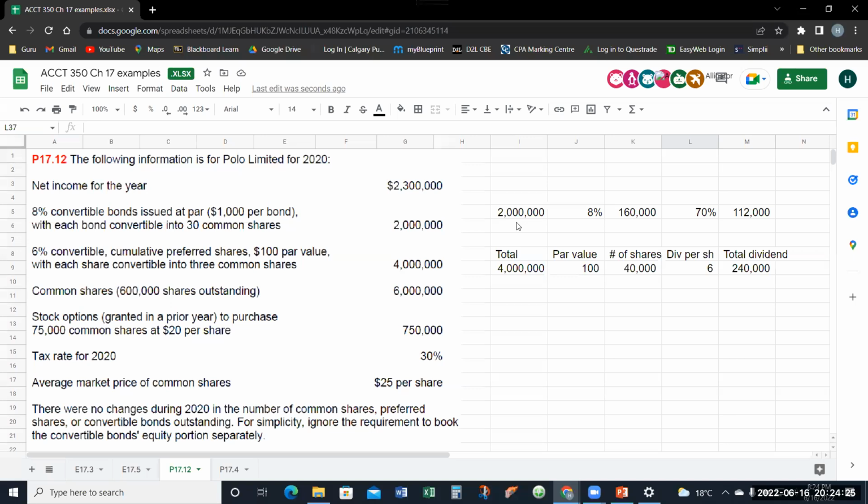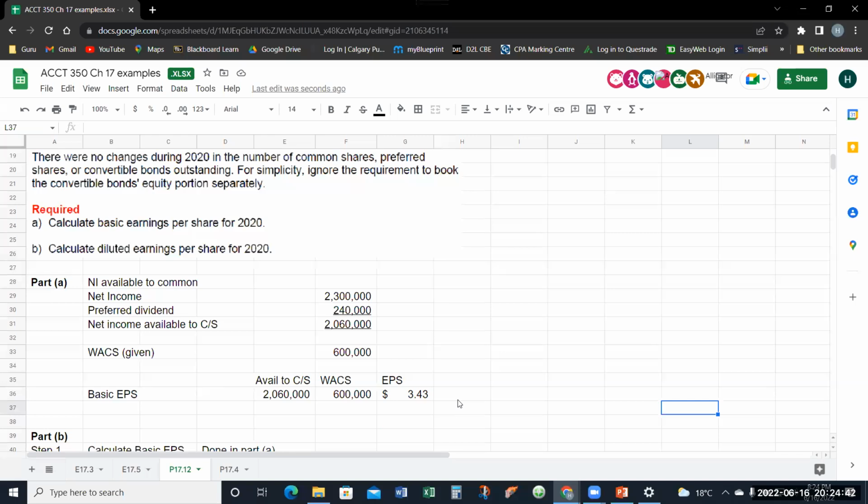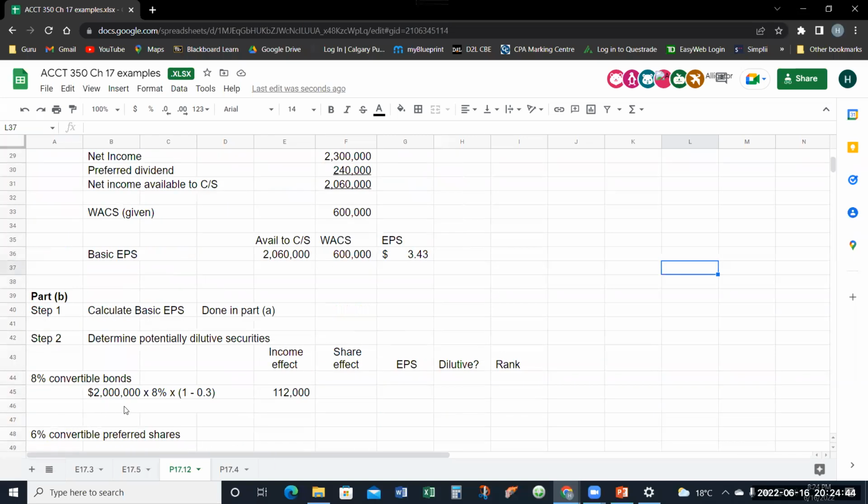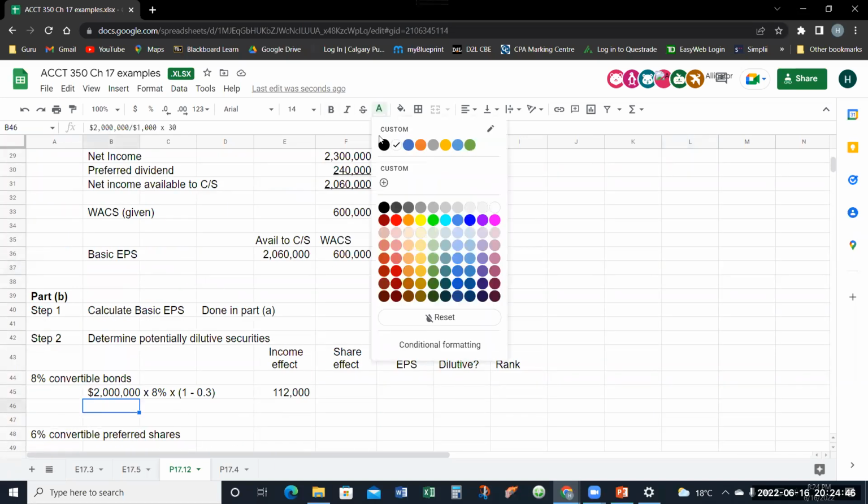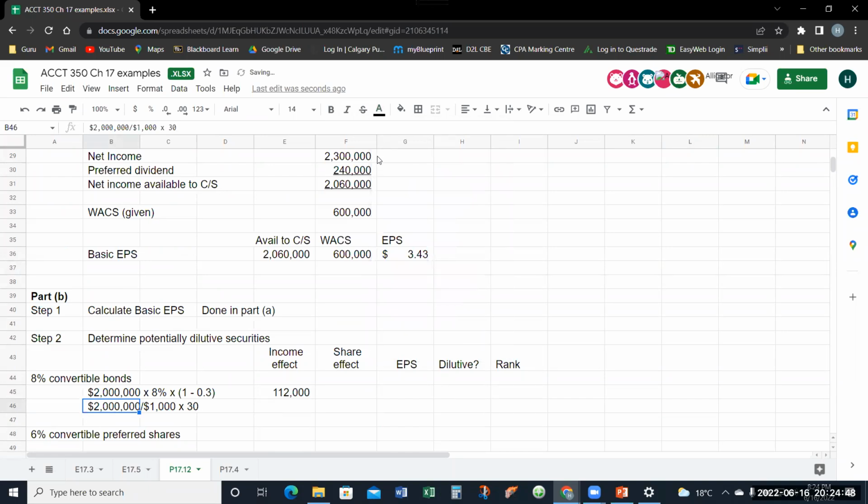Each bond can be converted into 30 common shares, so 2,000 times 30 gives you 60,000 shares. The share effect of the bonds is the number of bonds multiplied by 30, which is 60,000 shares.